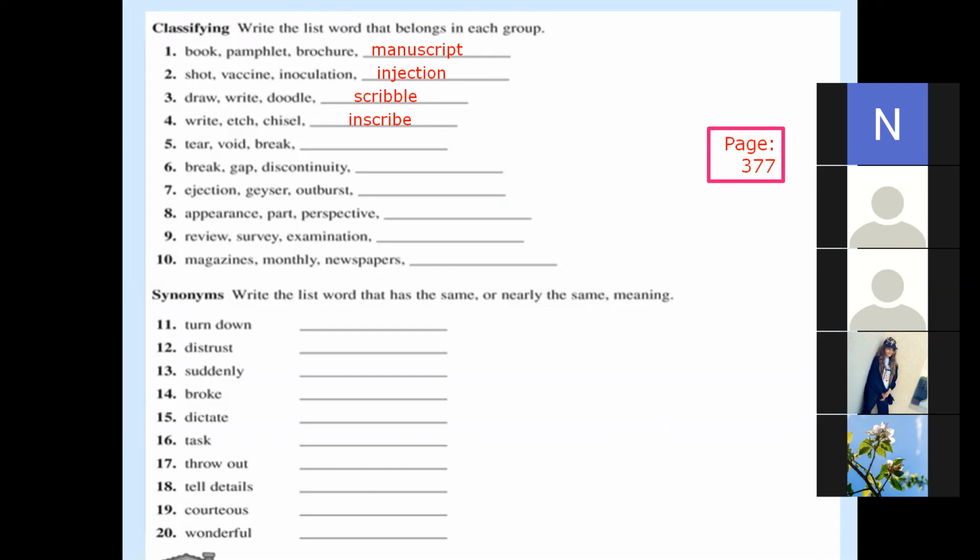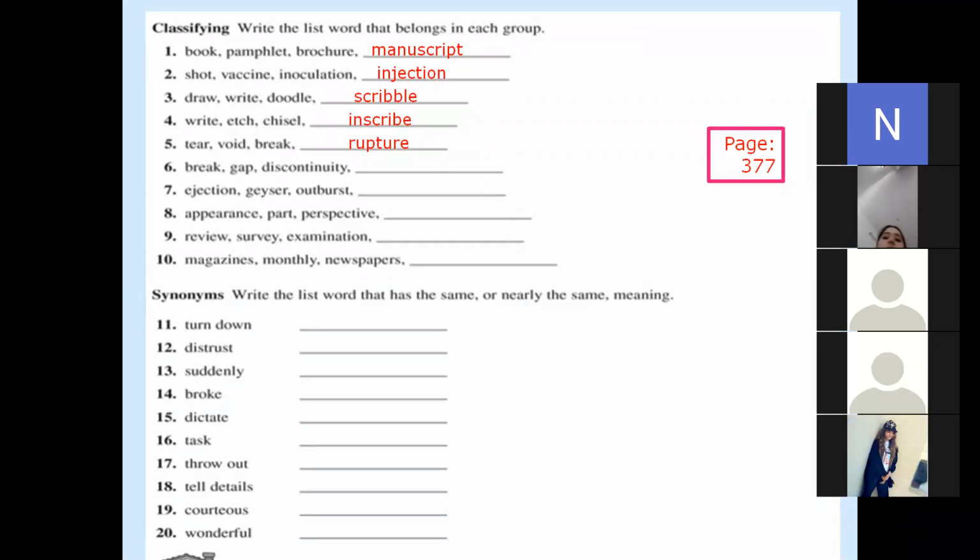Tear something. Void or break. Eruption. Rupture. Very good. Break. Gap. Discontinuity. Bankrupt.